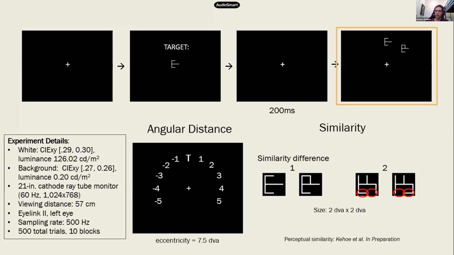Yeah, so for our study, they had to stare at the cross, actually this panel that's highlighted here, and use their peripheral vision to figure out which one was the target. And we only included correct trials for this analysis at least.